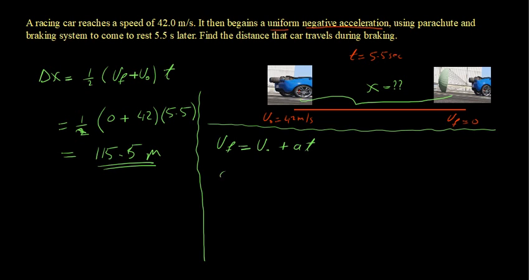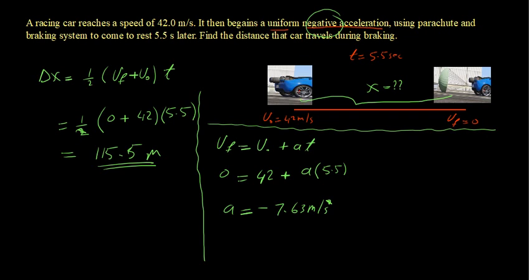Now this is 0, this is 42 plus the missing acceleration times 5.5. Just by doing the math, it will be 42 over 5.5, and that will give me a negative 7.63 meters per second squared. Excellent. So I got the negative, which is what's mentioned: it's a negative acceleration. Good, so I'm on the right track.